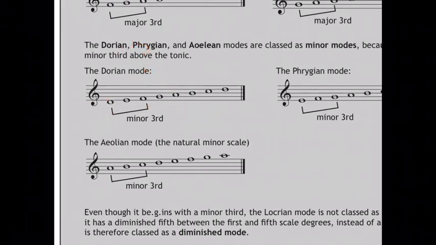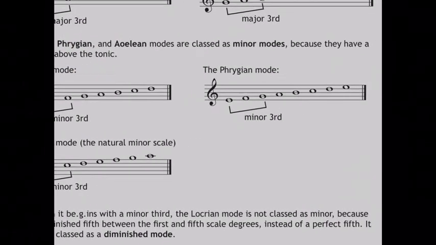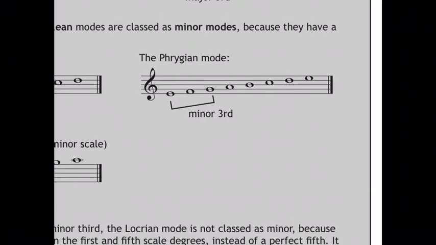Right? The Phrygian mode is similar. E, G, and B are what make up our minor triad, our tonic triad. E to G creates that minor third, and you still have a perfect fifth, E to B.